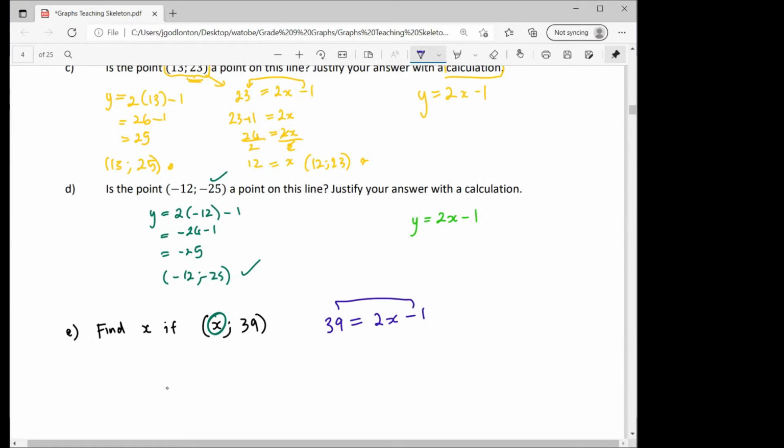I'm going to move that 1 over. The 39 plus 1 is equal to 2x. Sorry, that's 40. So 40 is equal to 2x. I'm going to divide both sides by 2, which means x is going to be 20. And so we would say 20 and 39. Excellent. Nice job, guys.